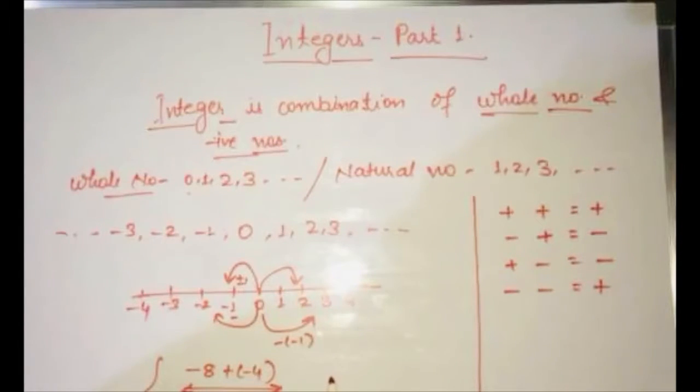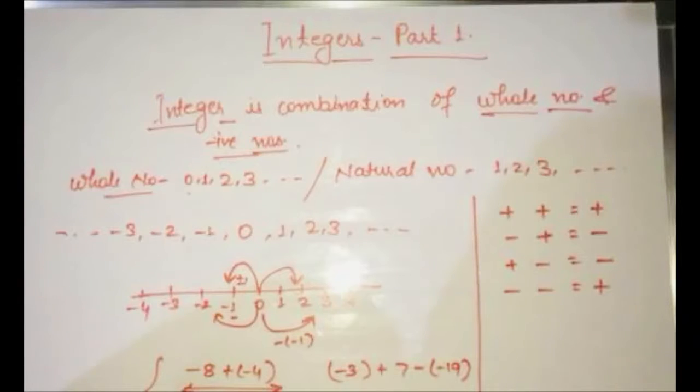Suppose we have -3 plus 7 minus 19. These are the three integers you have. One is a negative integer, a positive integer, and then we subtract the negative integer.